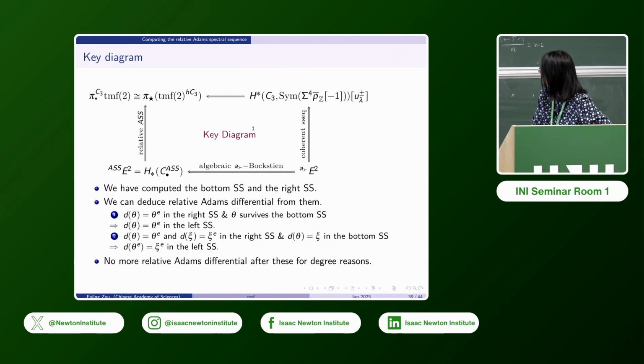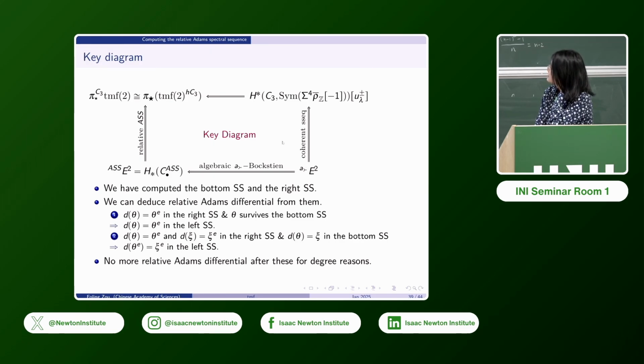And now this is the E2 page. We have computed the bottom and the right, and using the bifiltration, we can deduce some differentials on the left. So it turns out that on the right side, you have some differentials, theta hitting theta E's. If theta hits theta E here, and theta survives here, then here theta should also hit theta E. That's the first case.